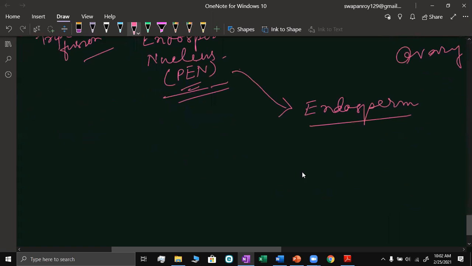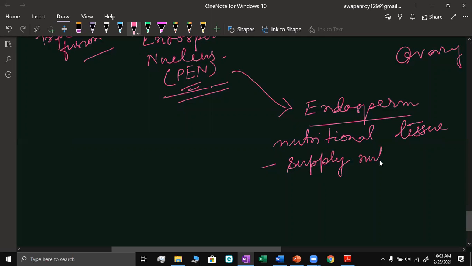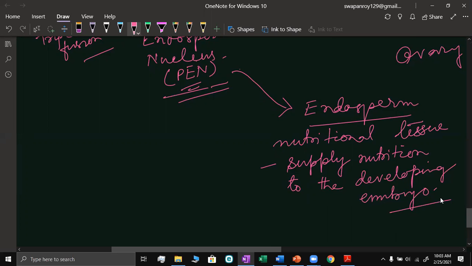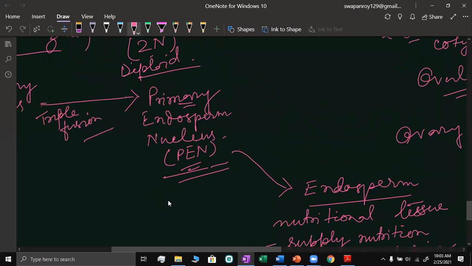Endosperm is a nutritional tissue which supplies nutrition to the developing embryo.